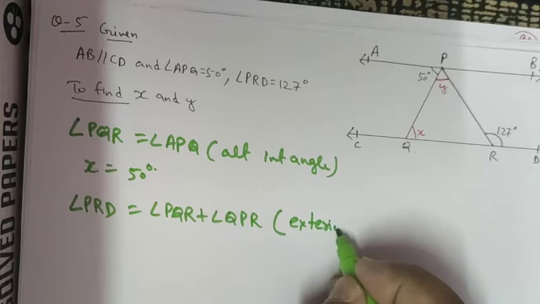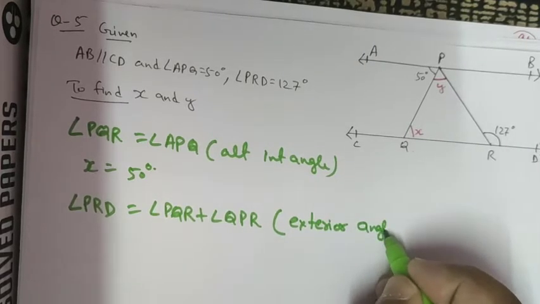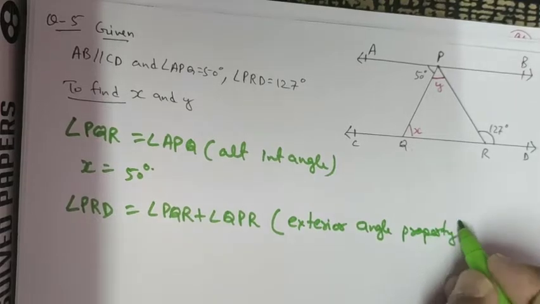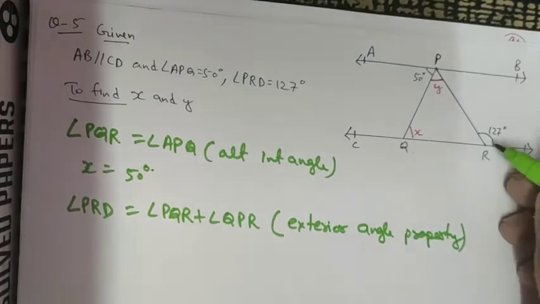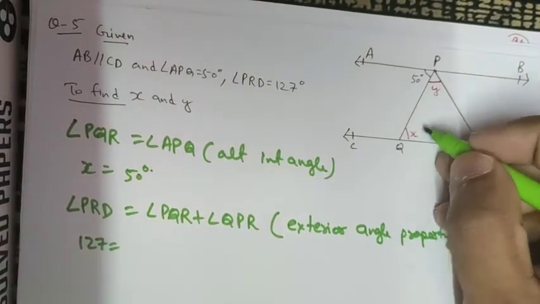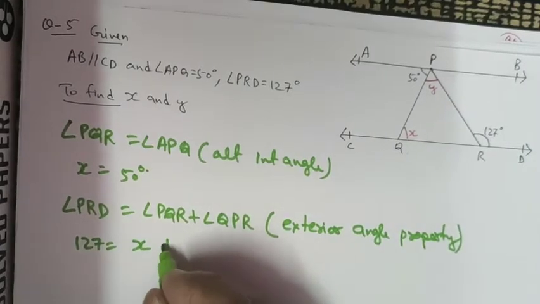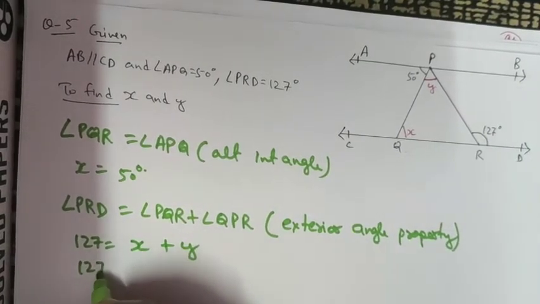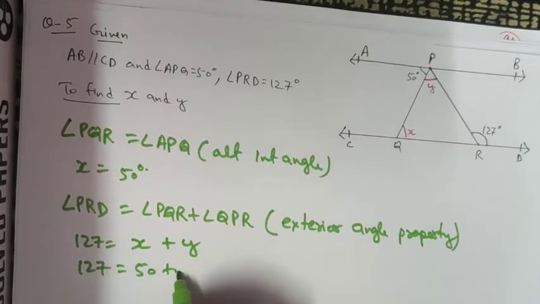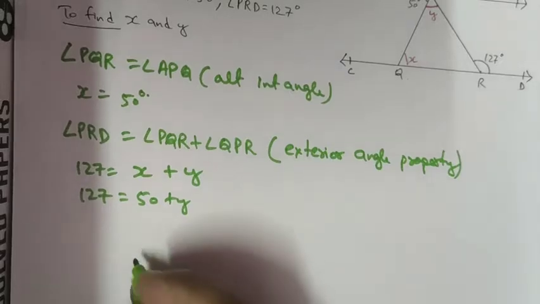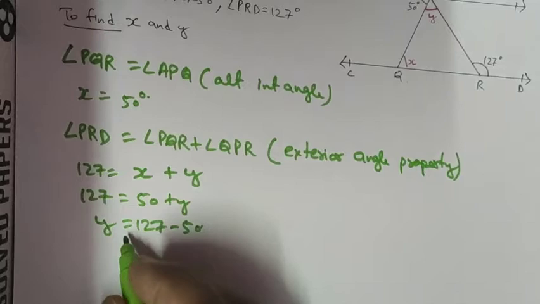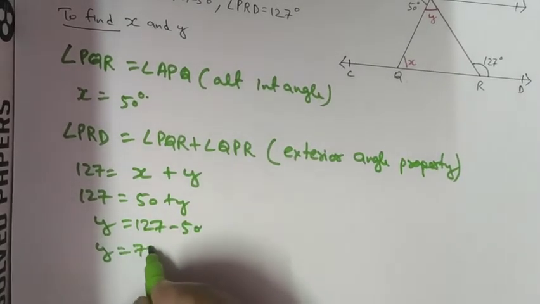The exterior angle property states that the exterior angle, this 127 degrees, is equal to the sum of the interior opposite angles, that is X plus Y. We substitute the value of X as 50, so we can calculate Y: 127 minus 50 degrees, that is Y equals 77 degrees.